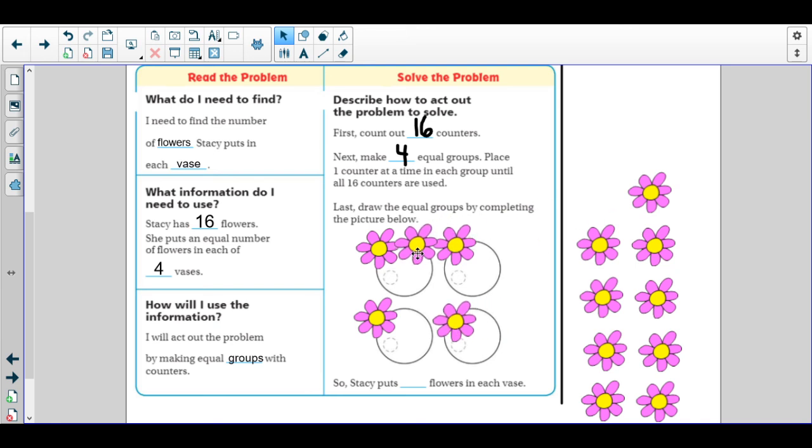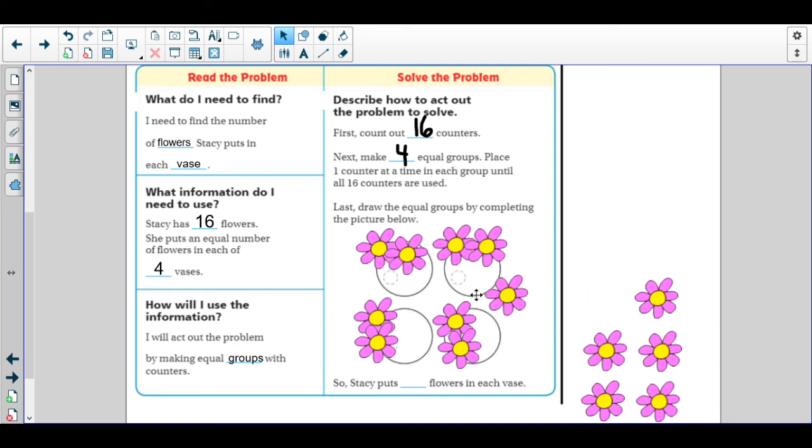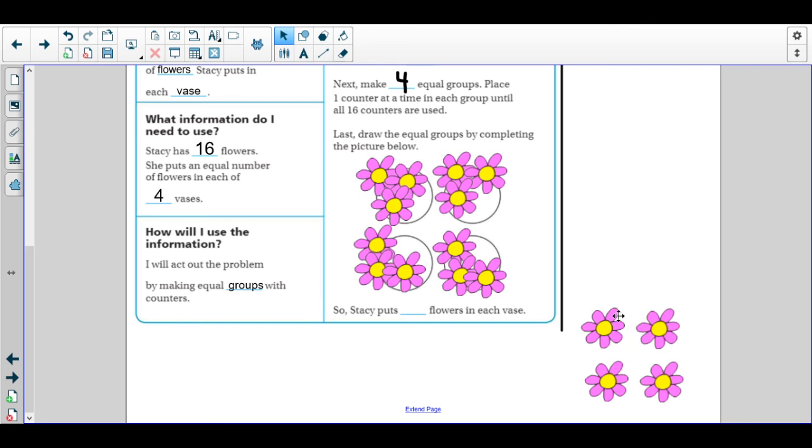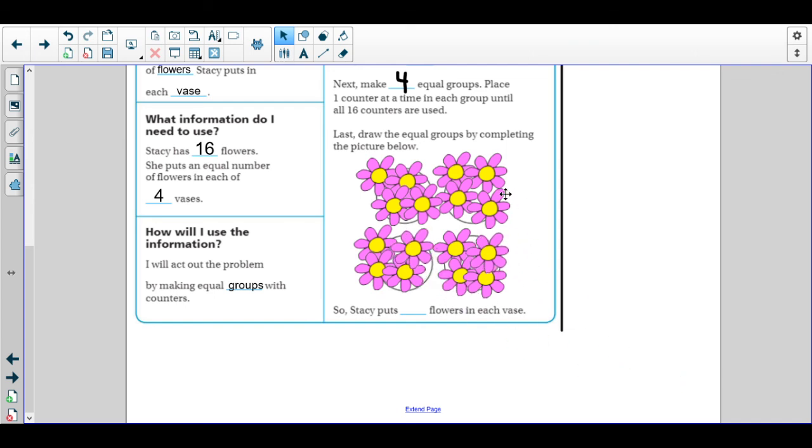And then again, 1, 2, 3, and 4. And one more. 1, 2, 3, and 4. And then finally 1, 2, 3, and 4.